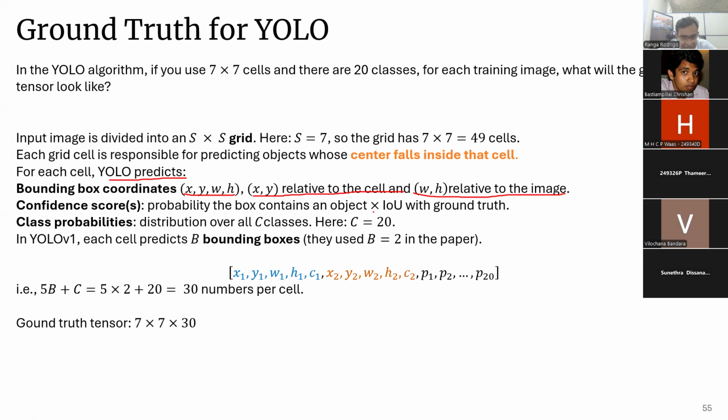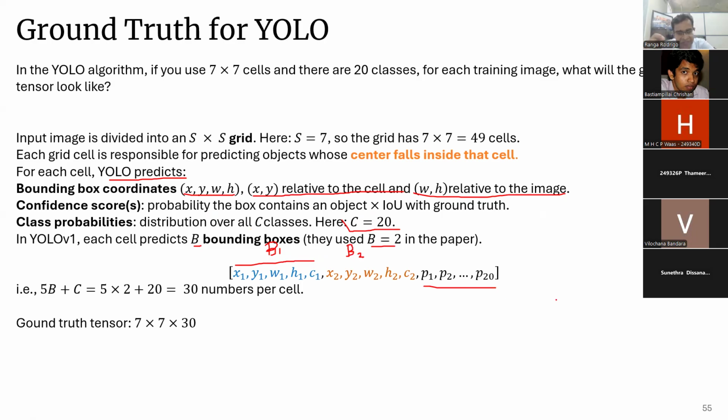Confidence score: the probability the box contains an object times IOU with the ground truth. That we saw in the paper. Class probabilities: distribution over all C classes. Here, the number of classes is 20 because of that Pascal VOC dataset. In YOLO V1, each cell predicts B bounding boxes. They usually use 2. So therefore, these 5 numbers for bounding box 1 and another 5 numbers for bounding box 2 and the class probabilities for the 20 classes.